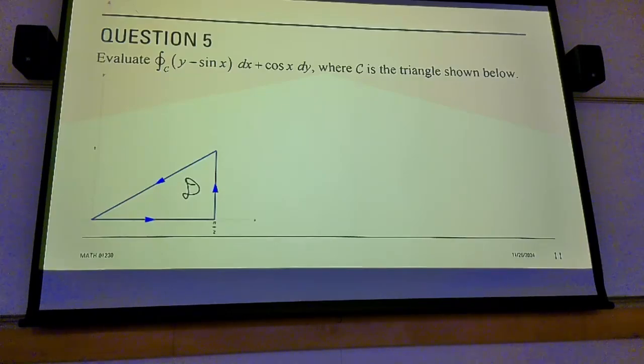Because we can just treat this as a double integral. Yay! There are 3 things we need to find. First, we need to describe the region that's being enclosed.